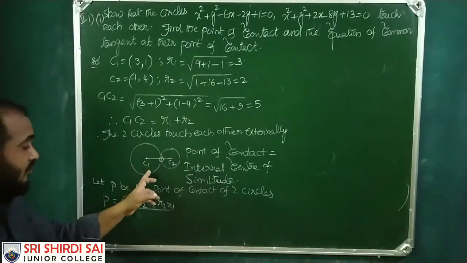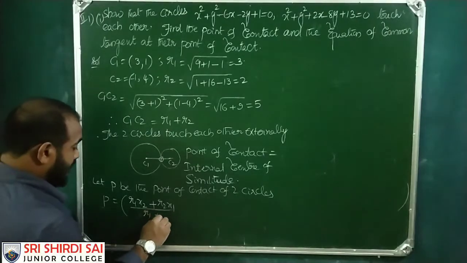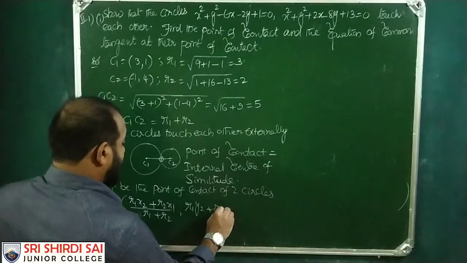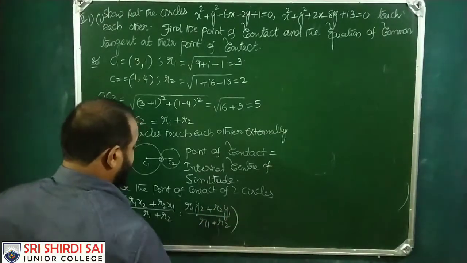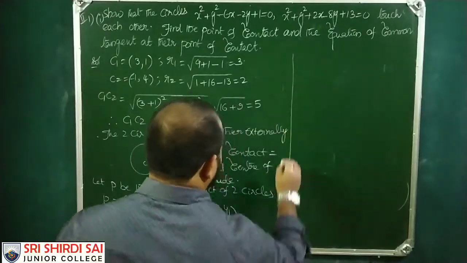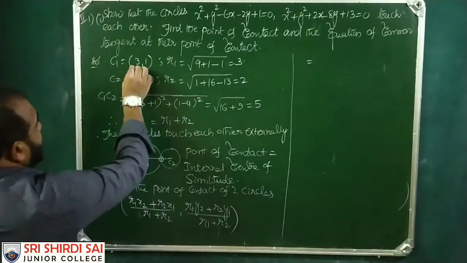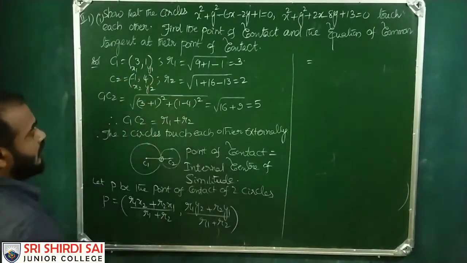by R1 plus R2, R1y2 plus R2y1 by R1 plus R2). The external center of similitude is R1x2 minus R2x1. So this is (x1, y1), this is (x2, y2).